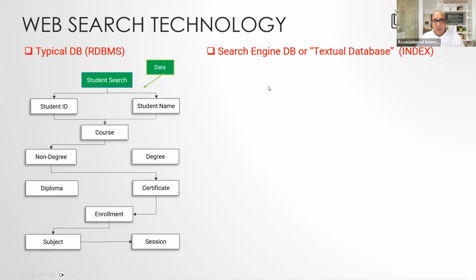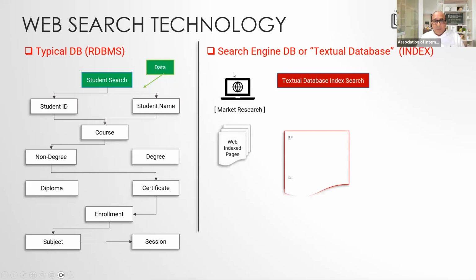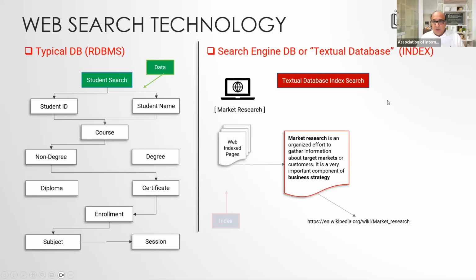Now compare this with a textual database, and you will find that it behaves differently. Let's start with an example of two words, market research, for instance. If you search market research as two words in the indexing system of a search engine, you will find that it sends a query to look for the pages that contain these two words.